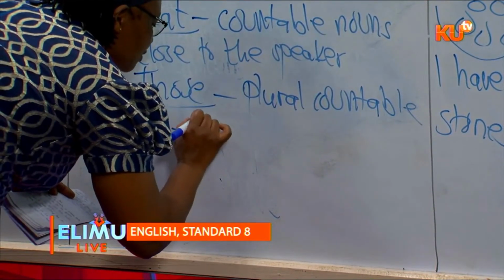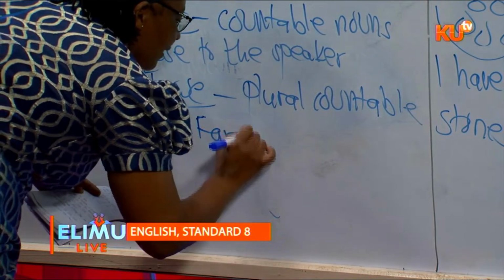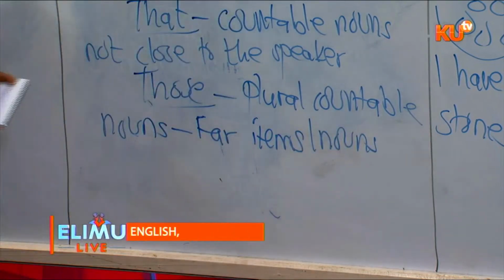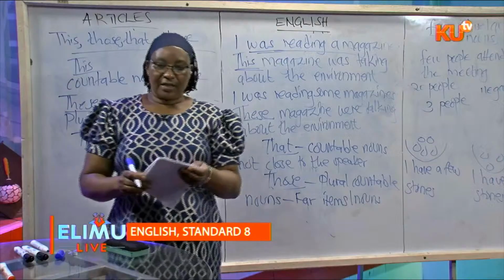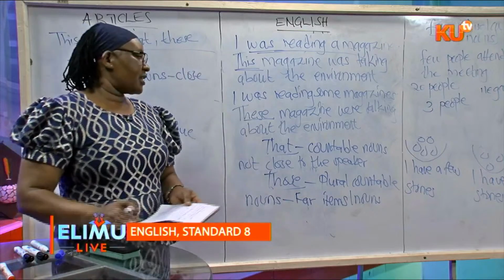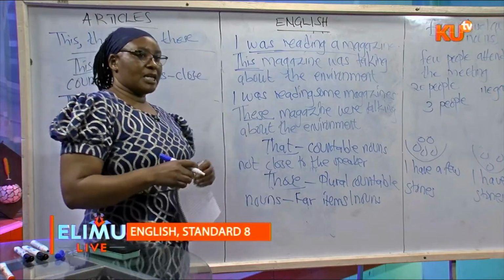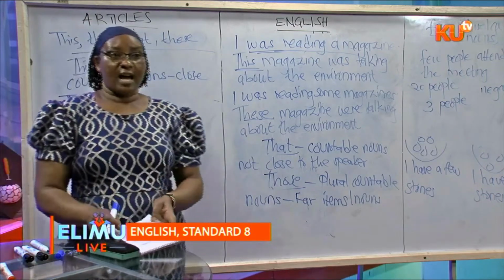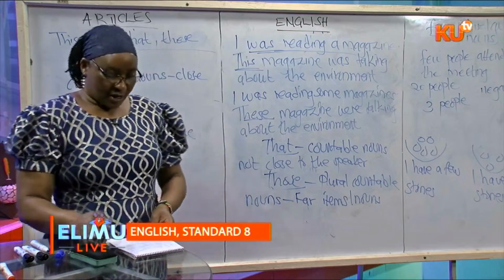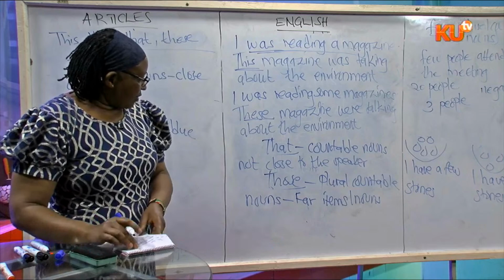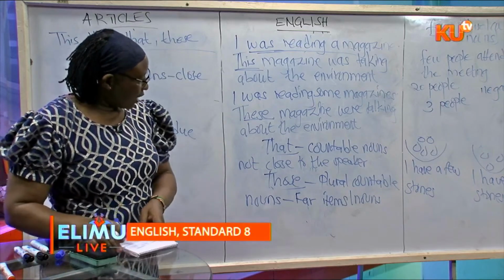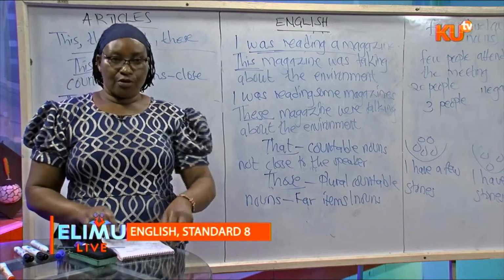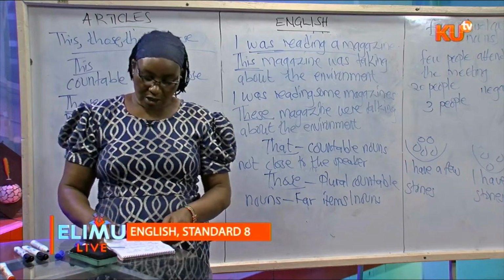Things which are items which are far, and in this case, nouns. Maybe you have seen some children playing somewhere, and you can say that those children are playing a bad game. Those cars are moving at a high speed. So the word those and the word that are used to refer to items which are not near the speaker, and the word those is used with plural nouns.